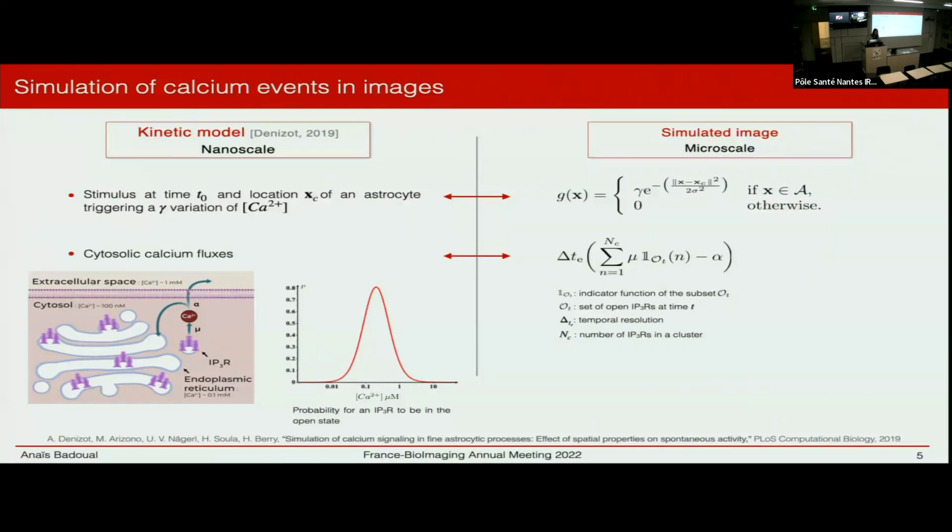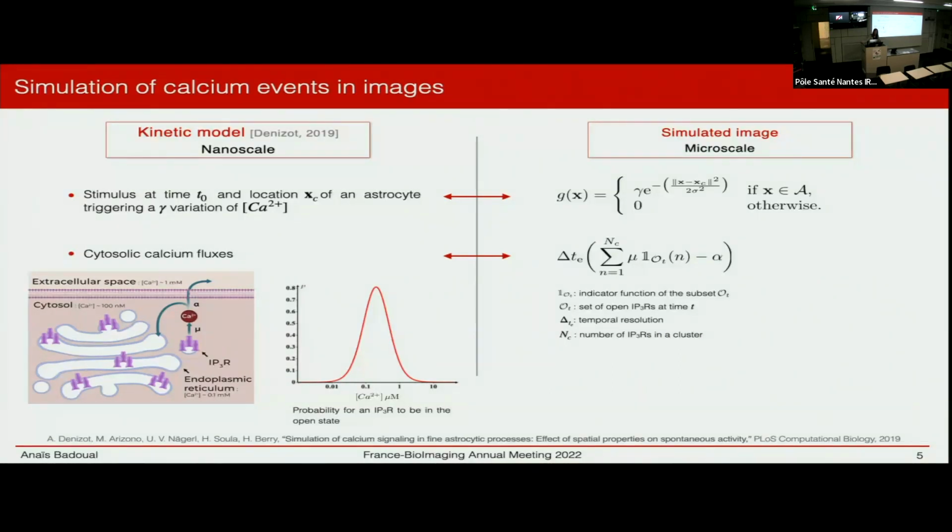The probability of an IP3R to be open has a bell shape dependence to the calcium concentration in the cytosol, which means that when you have a small increase of this concentration due to the stimulus, for instance, it will increase the probability of opening, but above a certain threshold, the probability will decrease significantly. And the last thing that we consider is that calcium ions outflow the cytosol with a decay rate of alpha.